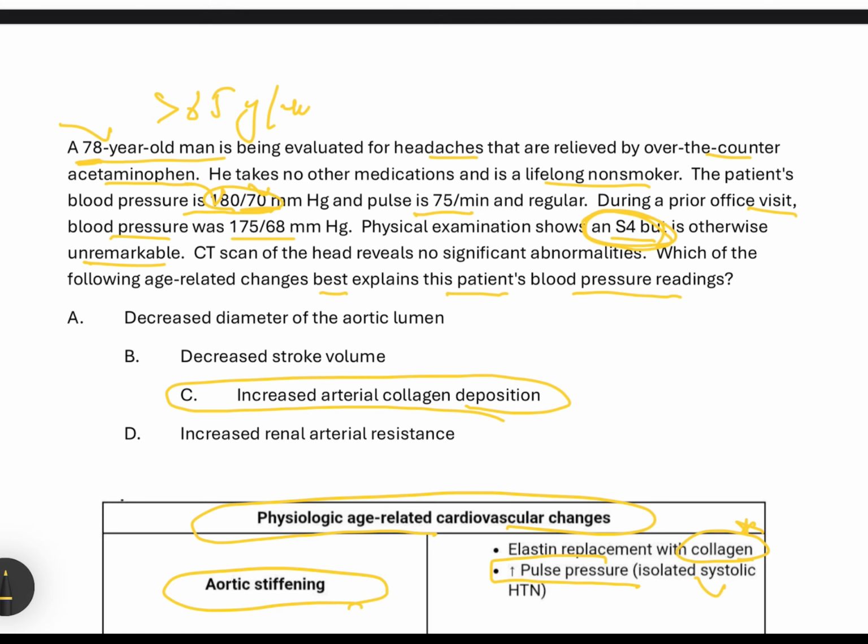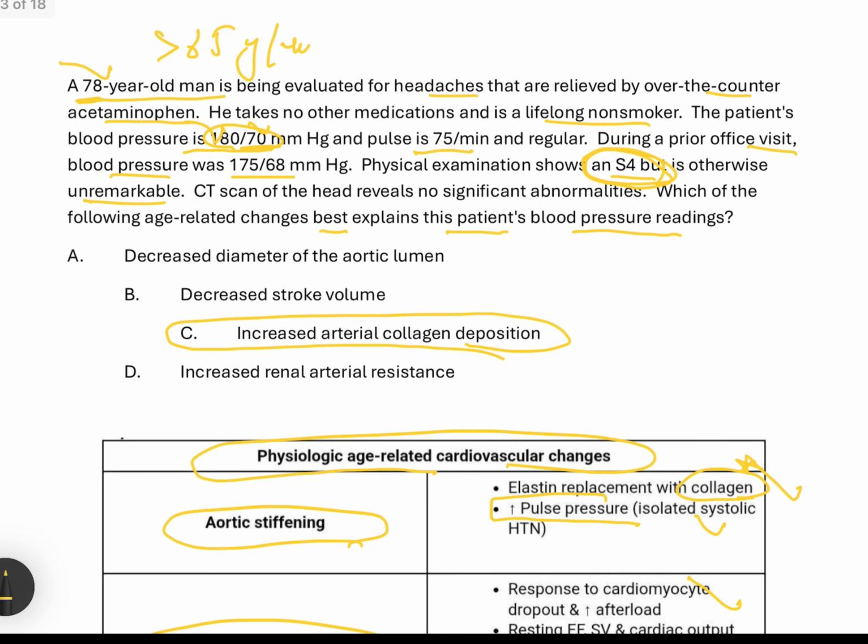And aging is associated with increased aortic stiffness caused by endothelial dysfunction and change in extracellular matrix composition. That is a replacement of elastin with collagen. You guys already know all the things. This is the main concern. What is isolated systolic hypertension?